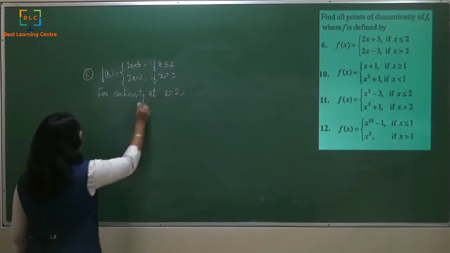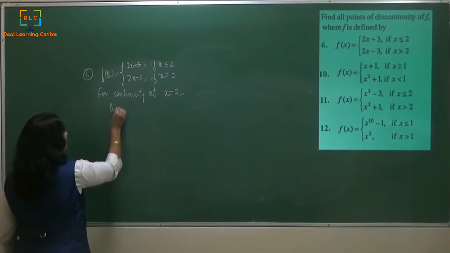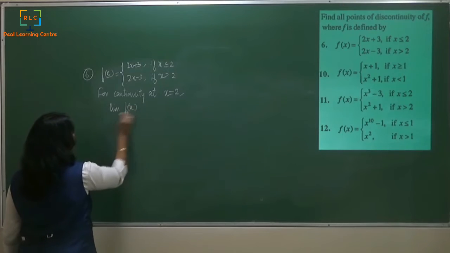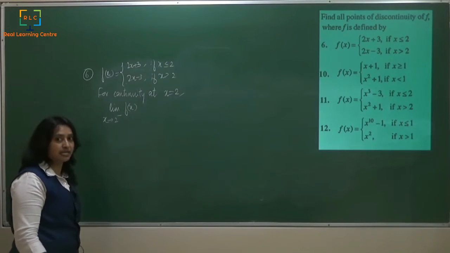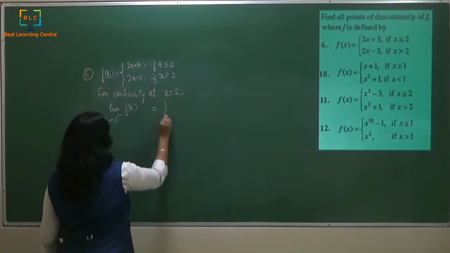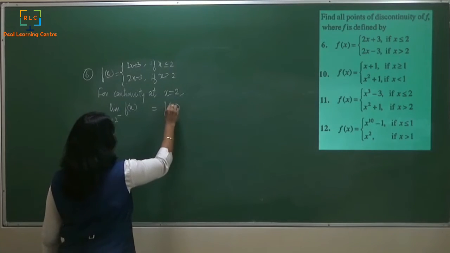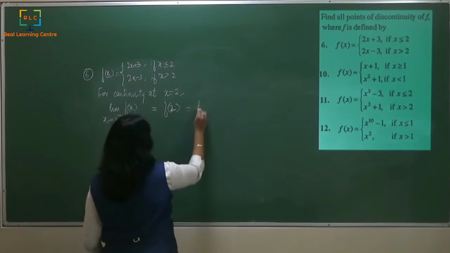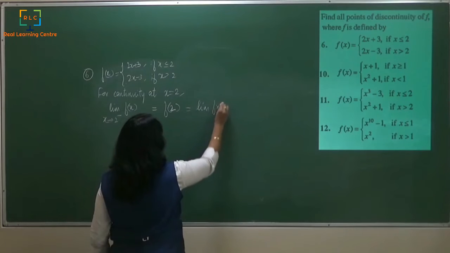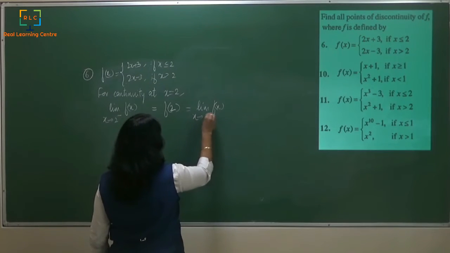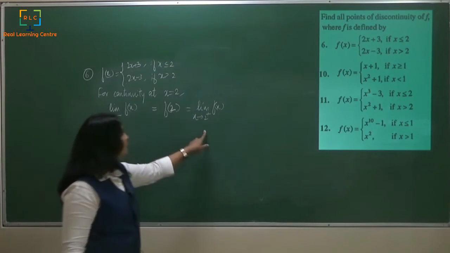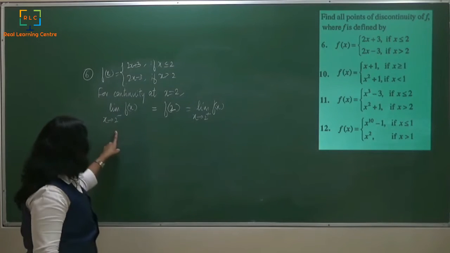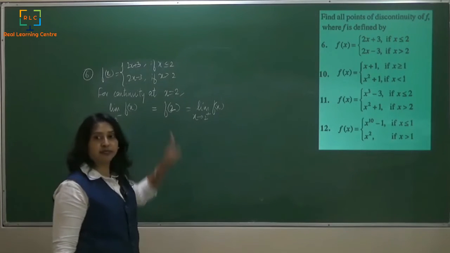So for continuity at x equal to 2, I need to write limit of f of x as x tends to 2 minus, means less than 2, is equal to f of 2, exactly at that point, is equal to limit of f of x as x tends to 2 plus. Okay, so 2 minus, 2 plus, and at the point: left hand limit, right hand limit, and at the point.